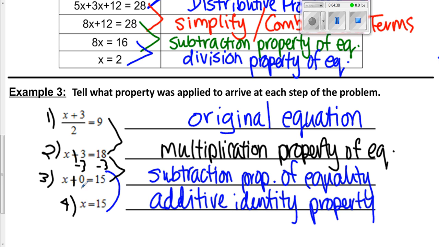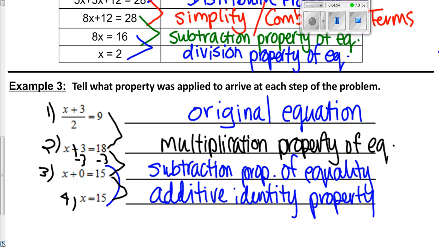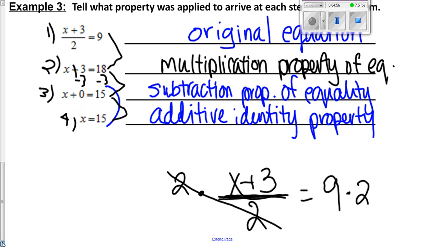Alright, and then we got x plus 0 equals 15, and our final step is the additive property of equality. Alright. And that shows that step right there that we talked about earlier.